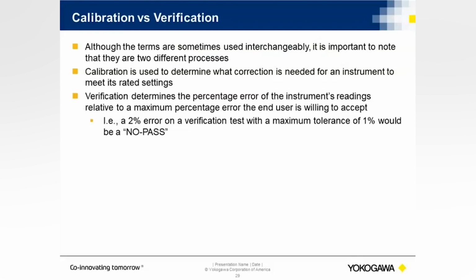Verification, on the other hand, determines the percentage error of the instrument's readings relative to a maximum percentage that the end user is willing to accept. For example, if there's a 1% error tolerance specified, and testing reveals that there's a 2% error, the verification would result in a no pass.